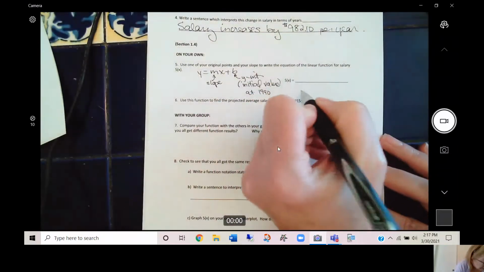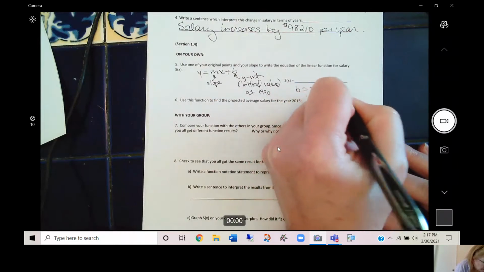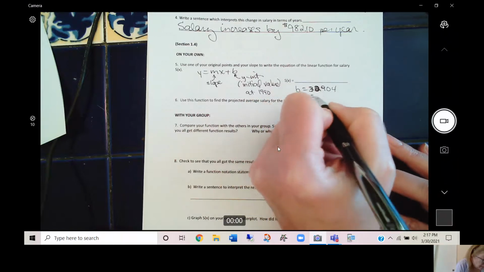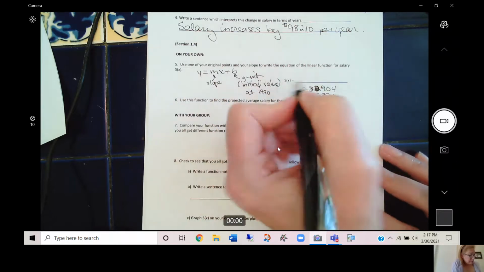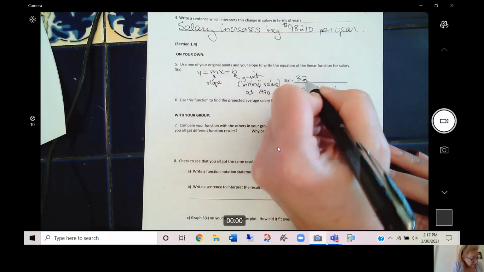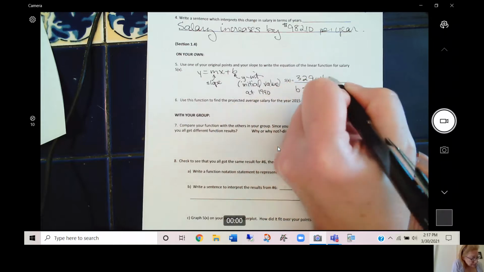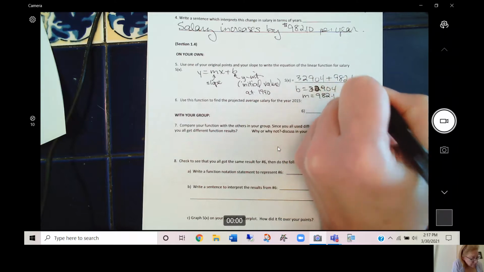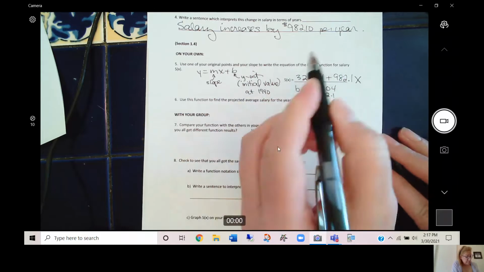I don't really have to plug everything into the point slope formula. The slope, we just figured that out, was 982.1. So our salary model means starting with a salary in 1990 of $32,904, the salaries increased every year on average by $982.1 per year.